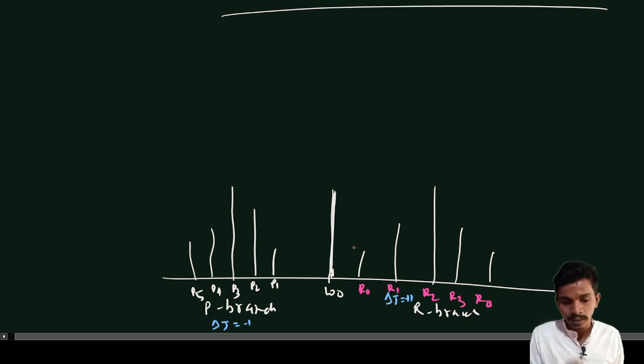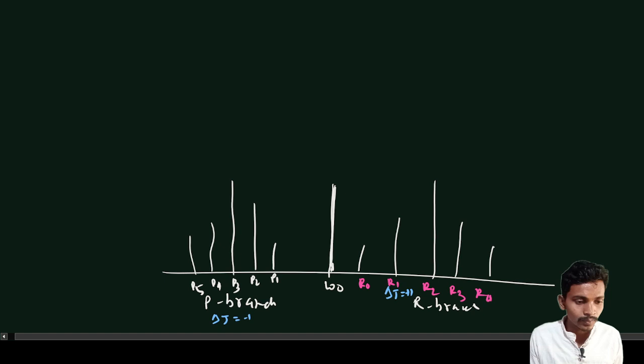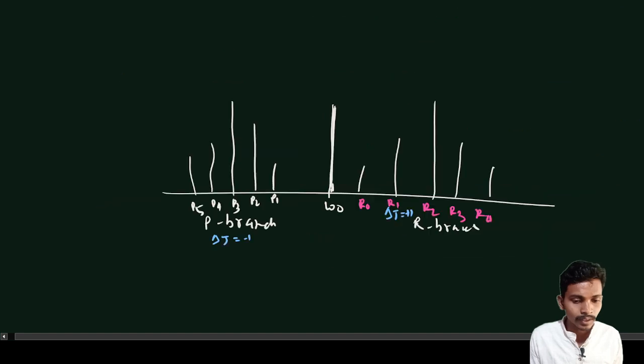Why it starts from R0, why it starts from P1, that we already discussed, because the transitions are from j equal to 0, that's why the R branch starts from R0, whereas for the P branch it starts from j equal to 1, so that's why this starts from P1.